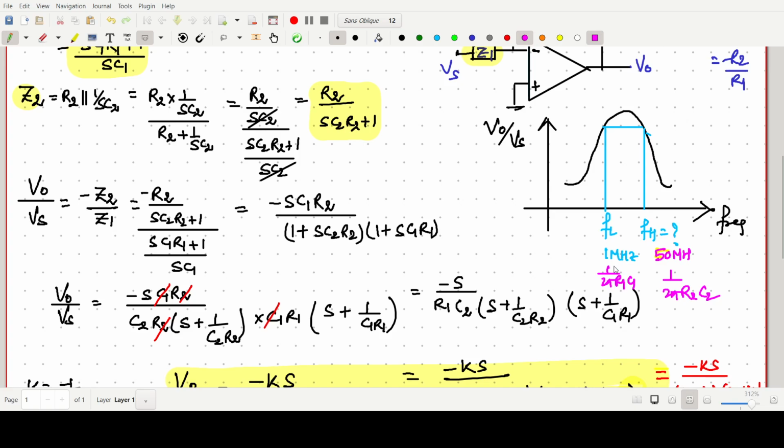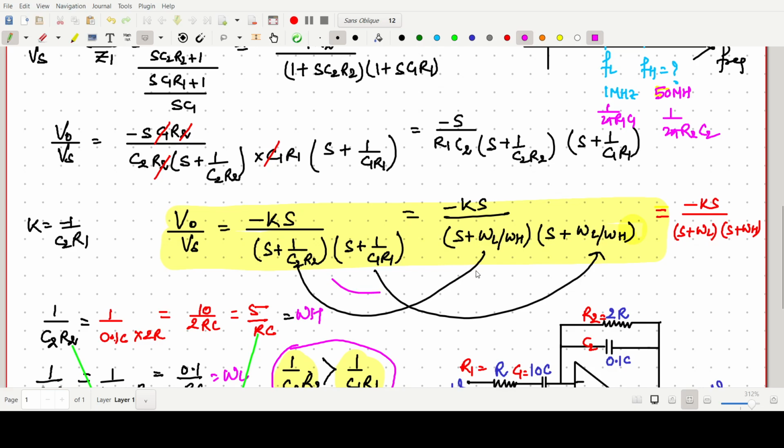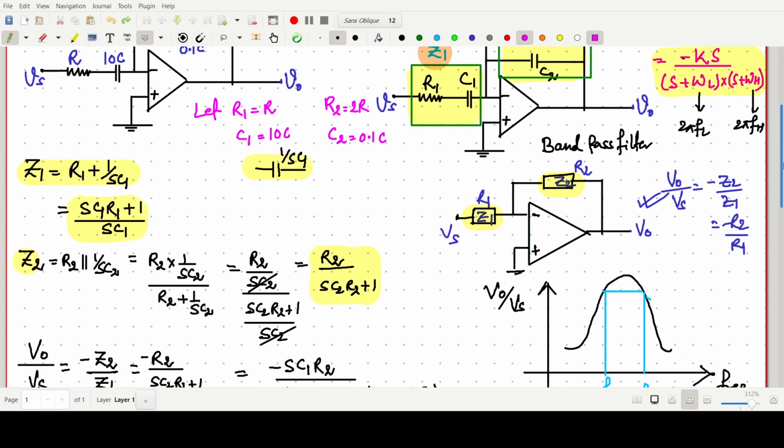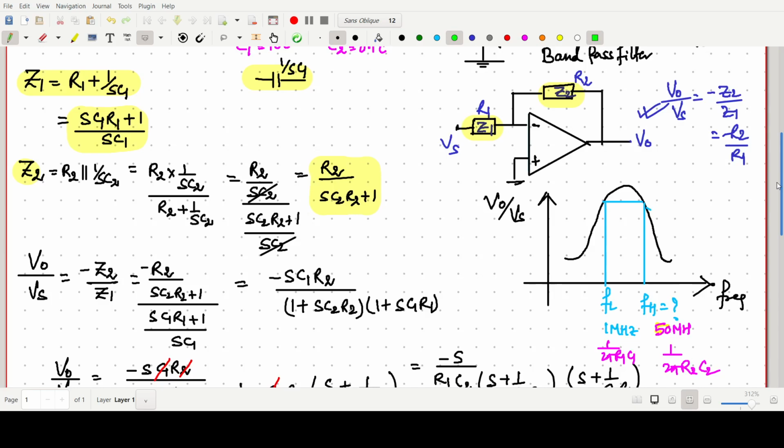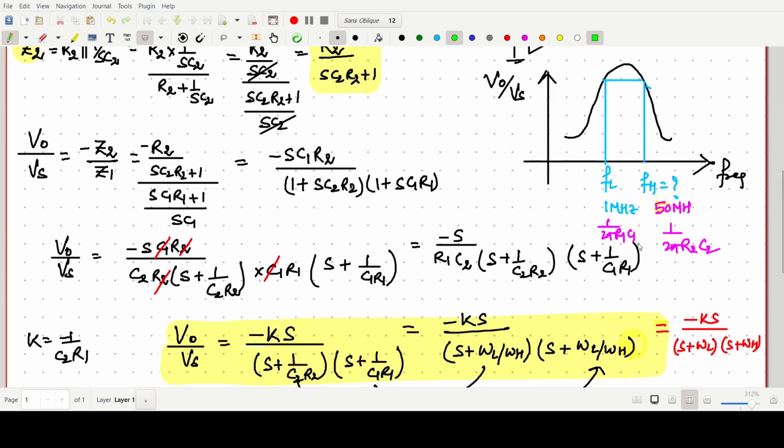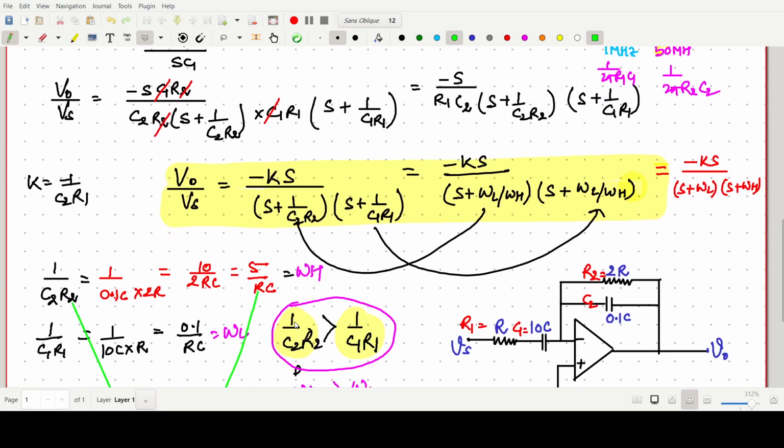The lower cutoff frequency is 1 by 2 pi R1 C1 that we have derived. The main thing is you have to know a little bit about the transfer function, then you have to write this expression, and then we have just solved it. After calculation, which one is omega H we don't know, so we have to decide from the data, 5 by RC, so it should be omega H because this one is bigger.